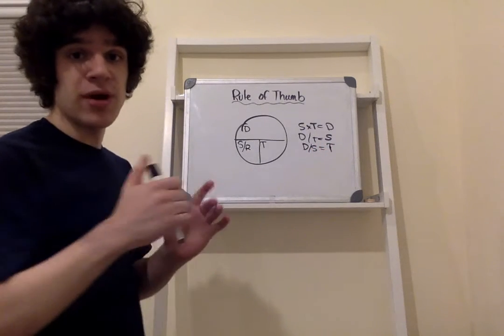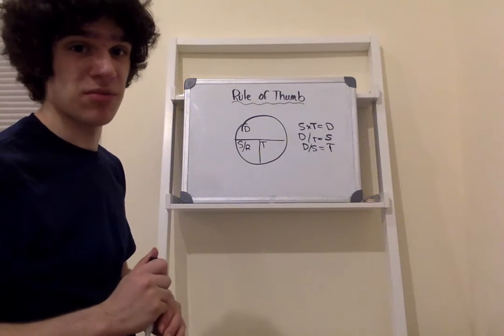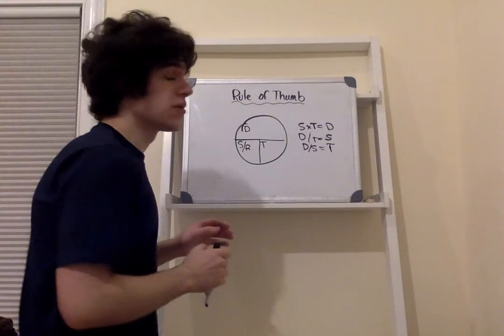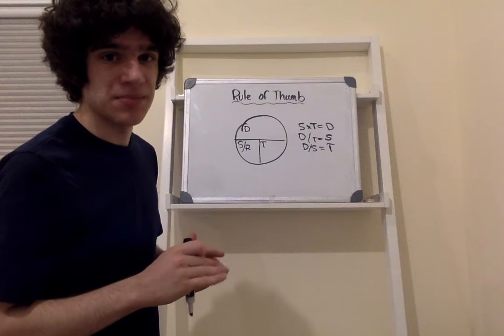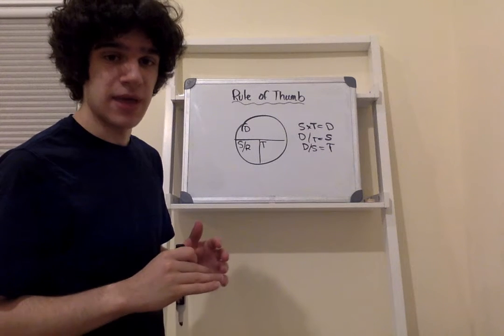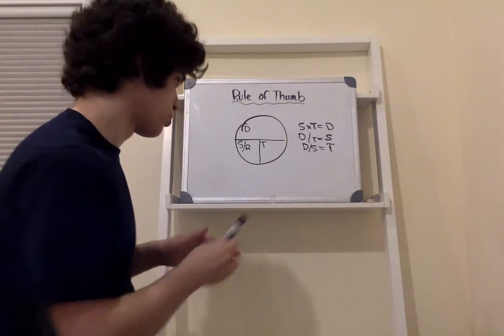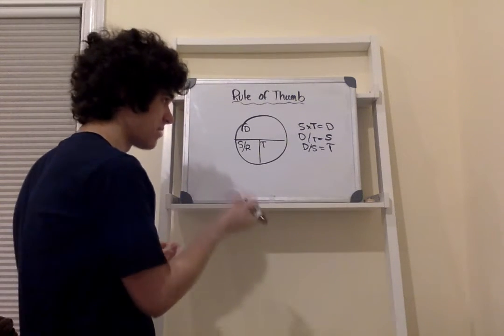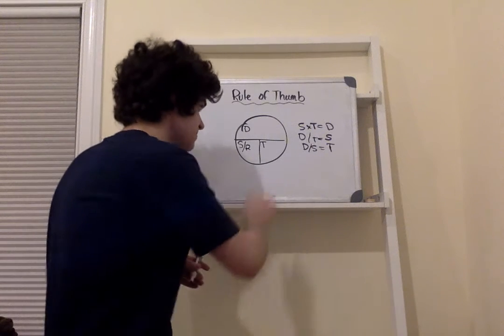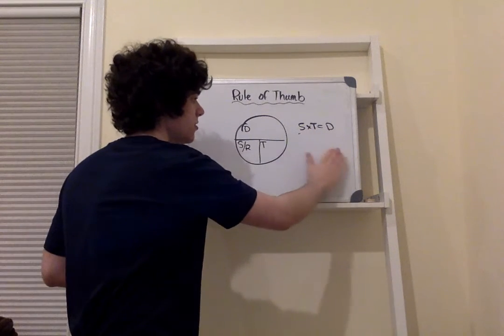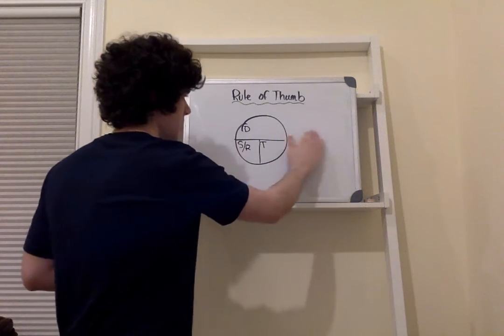But what happens when you have an insanely complex problem dealing with distance, rate, and time? I want to find a way to solve these problems by thinking through our pen, pencil, or marker. And drawing this circle helps a ton.